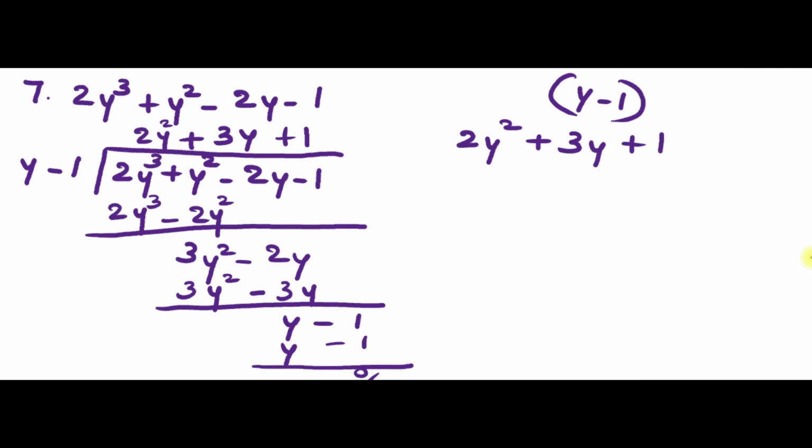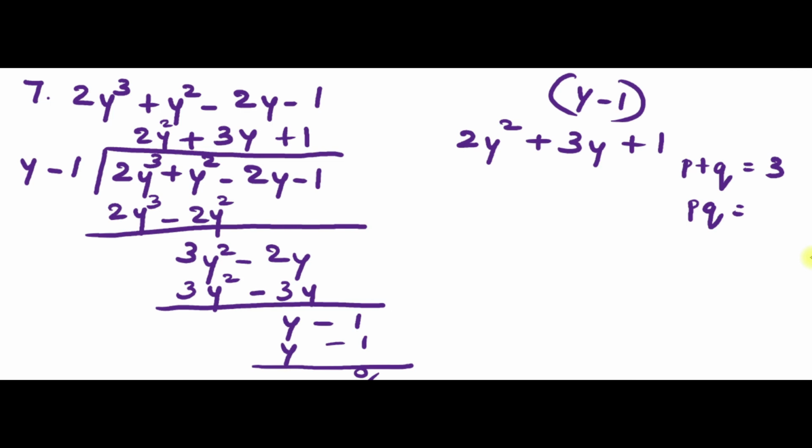So I have to go for two cases: p plus q is equal to 3 and pq. What is the value of pq? Here I can't go for 1 because the coefficient of y square is not 1. The coefficient of y square I have to consider for the multiplication. Here the coefficient of y square is 2, so I have to take this 2 here.